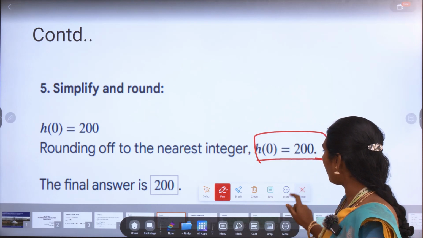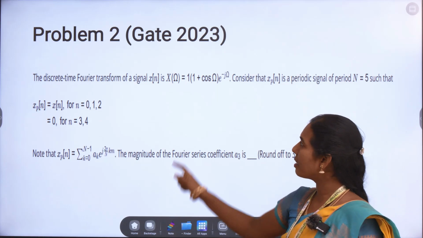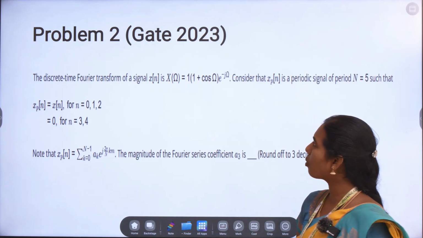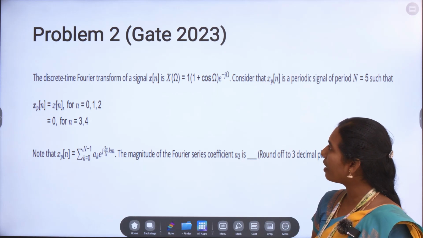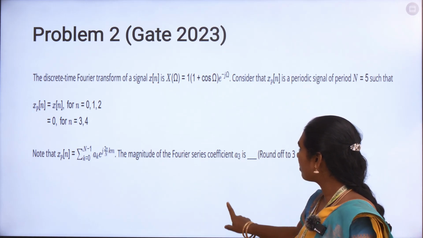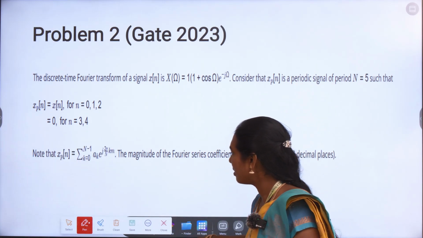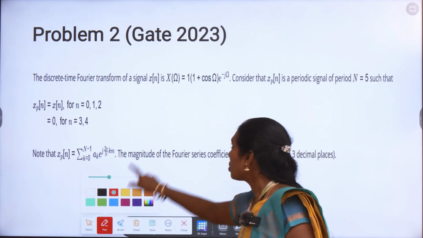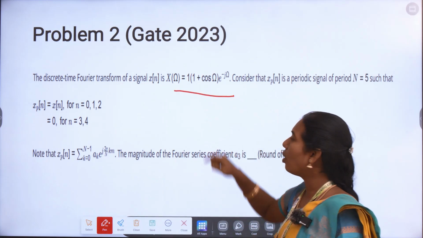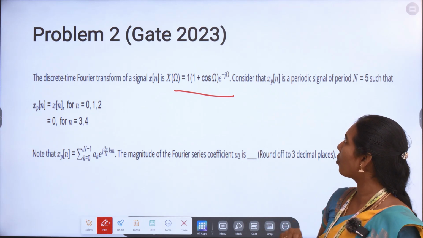So the next problem is, it is given the discrete time Fourier transform of a signal x of n is X of omega, which is equal to 1 by 1 plus cos omega e power minus j omega.